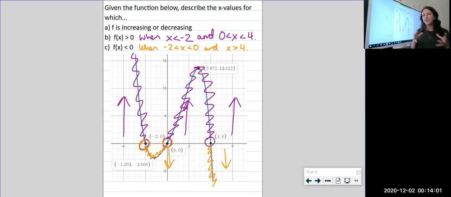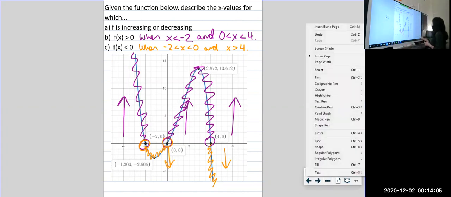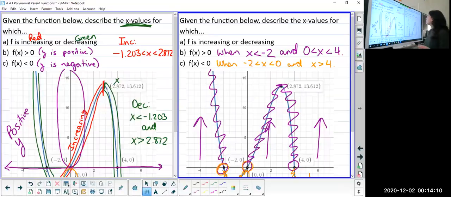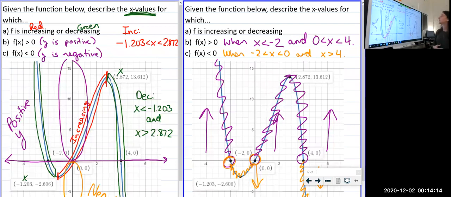That's why I put you through that chaos of the previous example. So let's look at these two together. That way you have a good view of the two problems at the same time. And I'm sorry that I couldn't do that at first, but here's the deal. Increasing, decreasing. That's when the graph is moving upwards or moving downwards. Positives and negatives. That's when the graph has positive or negative y's.